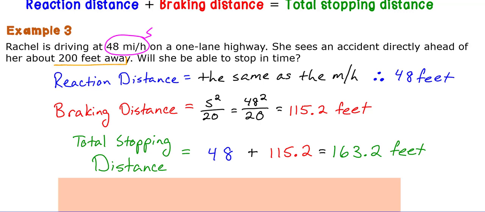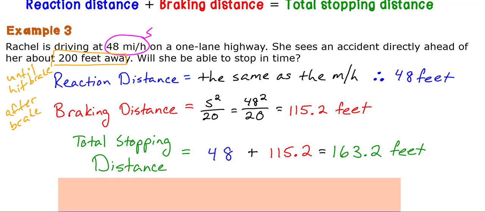Now the question asked us, will she stop in time for an accident that she sees 200 feet away? So remember, reaction distance is from when you see it until you hit the brake. Okay? And braking distance is after the brakes are engaged.